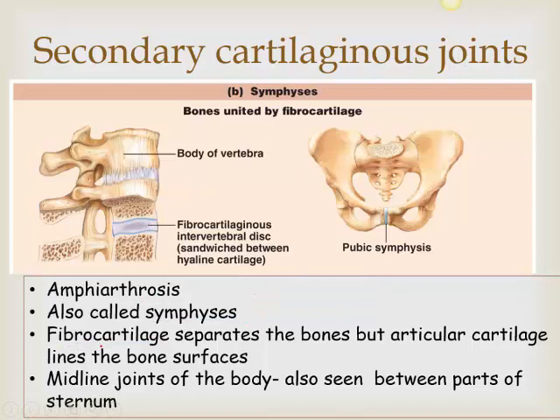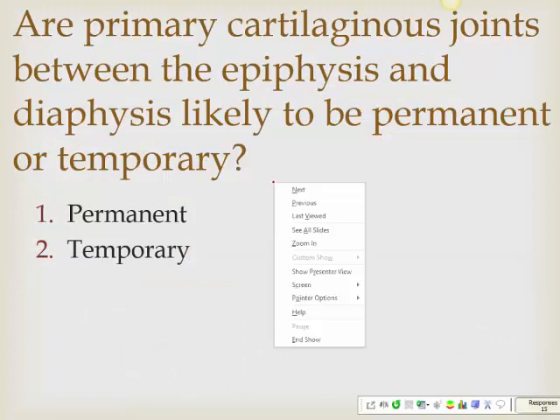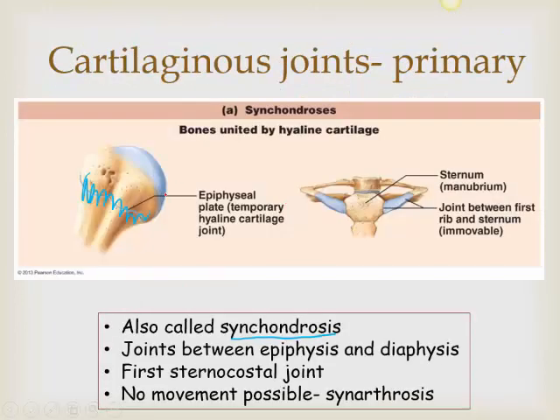So what do I mean by this statement that fibrocartilage separates the bones but articular cartilage lines the bone surfaces? When we did cartilage, if you remember, we saw that articular cartilage was lining the ends of long bones. So see up here, this is the humerus, this is the head of the humerus, this will articulate with the scapula. So here's the scapula.